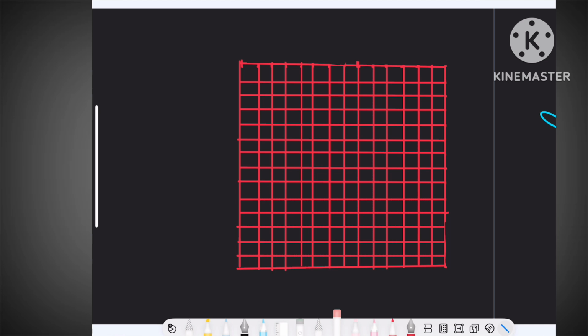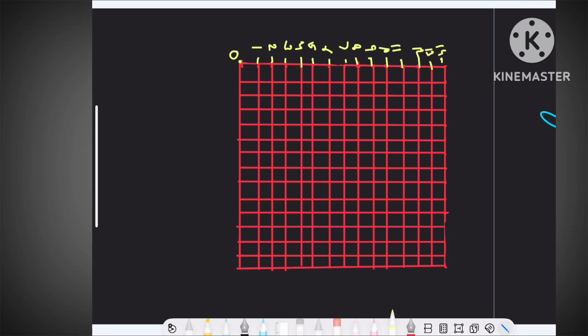So now, if you want to locate any point, starting from 0 it goes to 1, 2, 3, 4, 5, 6, 7, 8, 9, 10, 11, 12, 13, 14.